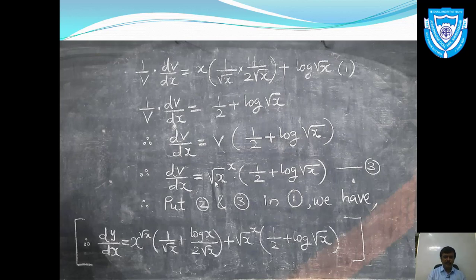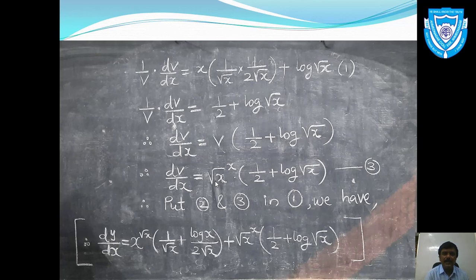In the second equation, we got the derivative of u. In the third equation, we got the derivative of v. Now we'll put both the values, matlab derivative of u as well as derivative of v, in the first equation so as to get the value of dy upon dx.